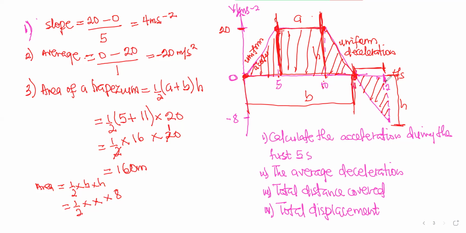We are considering the magnitude of the height, so ignore the negative; it is just because it's below the 0. So this is also giving us a total of 4 meters. Therefore, total distance covered is equal to 160 plus 4. This is the distance covered above and then the distance covered below, totaling 164 meters.